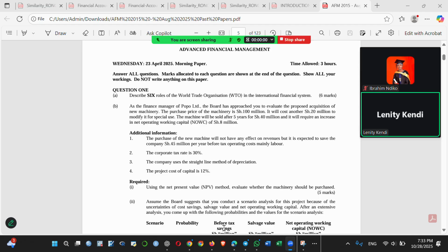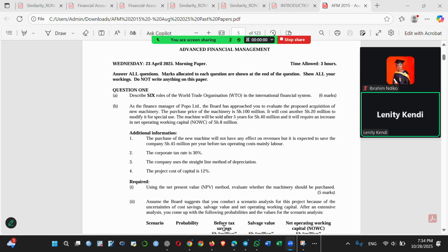Question 1B. As the finance manager of Popo Limited, the board has approached you to evaluate the proposed acquisition of new machinery. The purchase price of the machinery is 100 million shillings. It will cost another 20 million shillings to modify it for special use. The machine will be sold after 5 years for 40 million shillings. It will require an increase in net operating working capital of 8 million shillings.